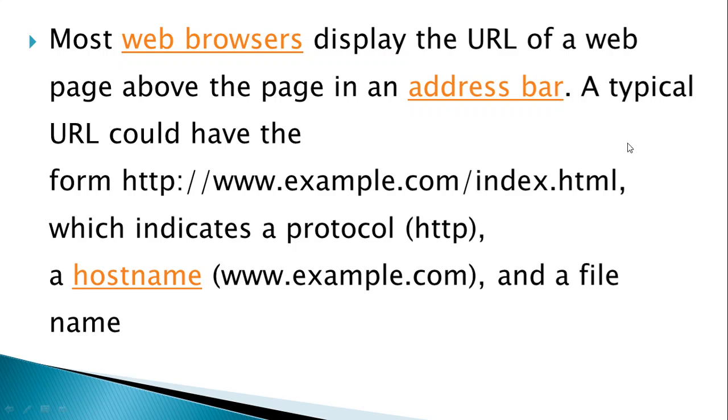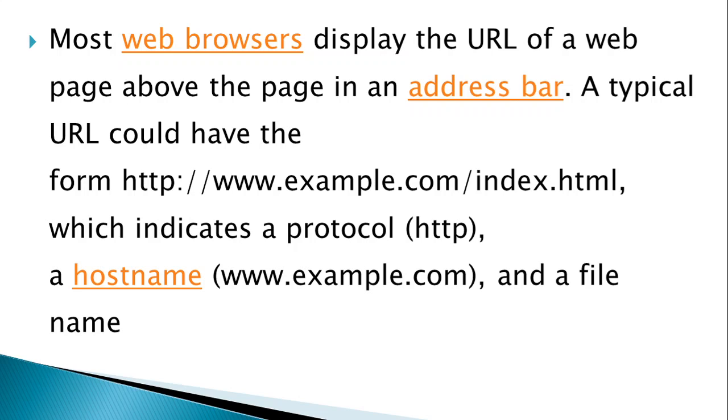This index.html is the specific document, and this document is contained in the domain example.com and can be transferred through the HTTP protocol, this time without the S. It includes a protocol called HTTP, the host name, and a file name. So this is what a web address looks like.